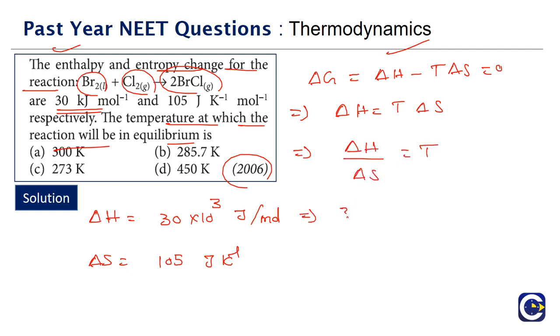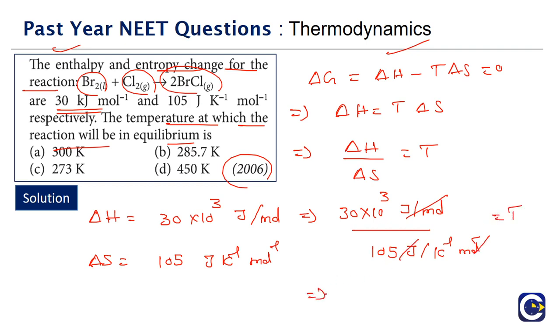Delta H is 30 into 10 power 3 joule per mole, divided by del S, 105 joule per Kelvin per mole. So joule per mole is cancelled. That is our temperature: 30,000 by 105 Kelvin.